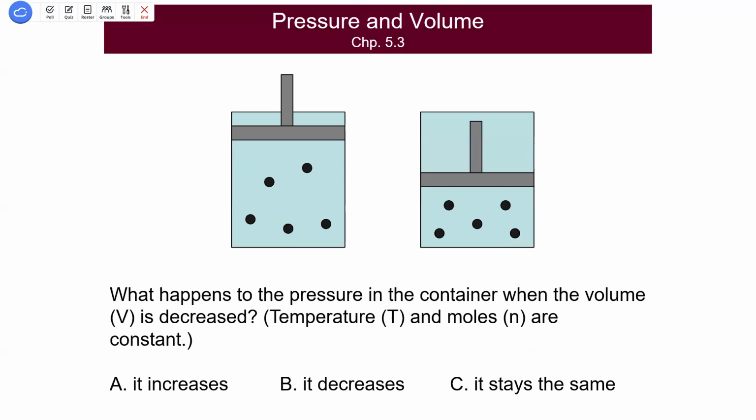Alrighty, so let's try this first clicker. What happens to the pressure in the container when the volume is decreased? Your temperature and your moles are constant. So the only thing that's changing is the volume, and how does pressure change from there?